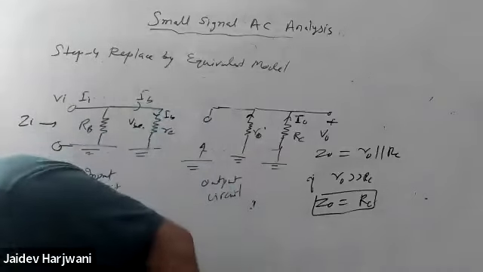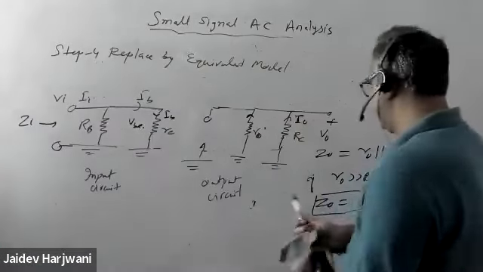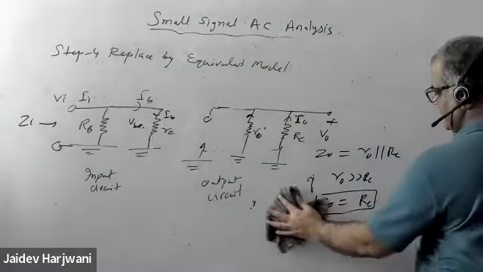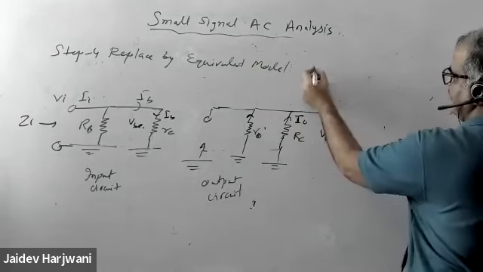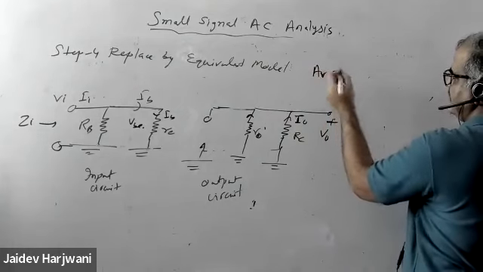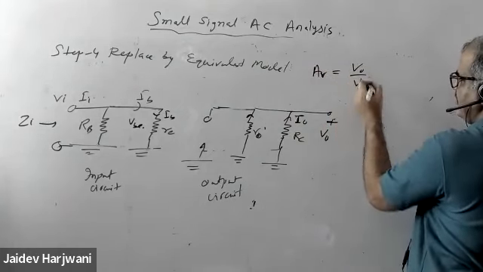The next thing is I want the voltage gain. Voltage gain is represented by Av, that is equal to V naught upon Vi.